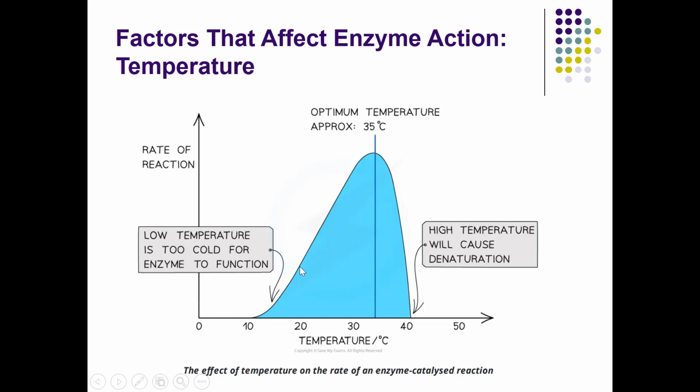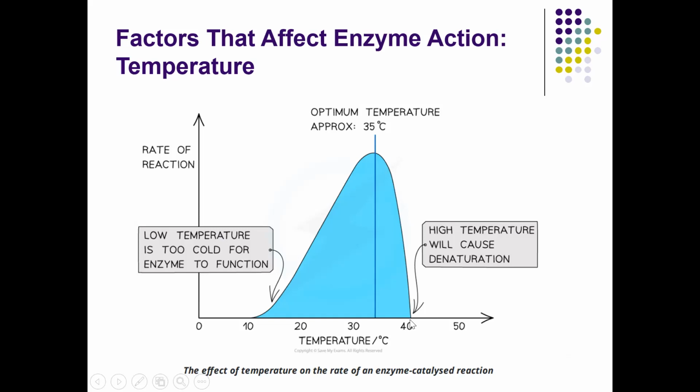Then when you increase the temperature, the activity of the enzyme increases until it reaches a point of maximum rate of reaction. But if you continue to increase the temperature, the activity of the enzyme will slow down and then stop at a certain temperature.